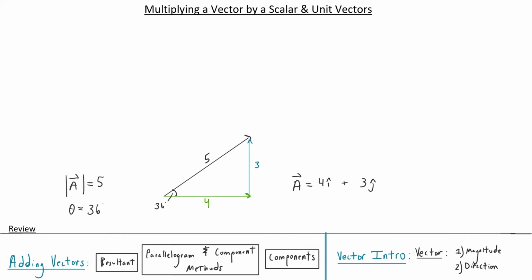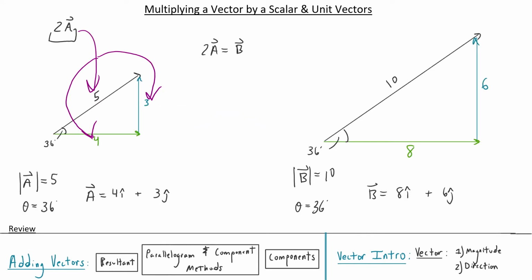So let's say I had a vector A here, and I wanted to take some scalar, some number, say 2, and multiply it through our vector A. So what you do here is you take that scalar, that 2, and you multiply it into all aspects of the vector.